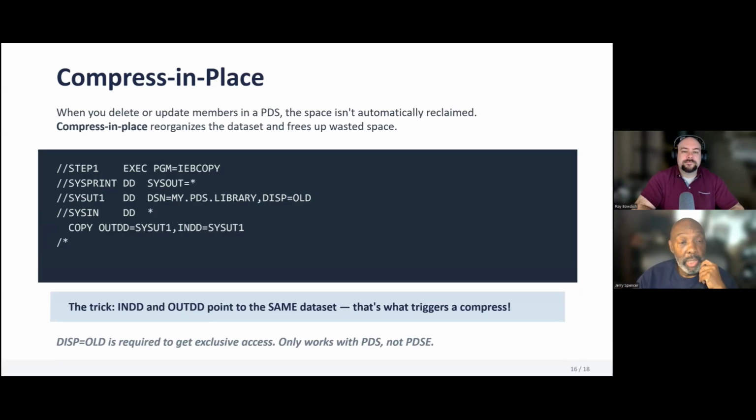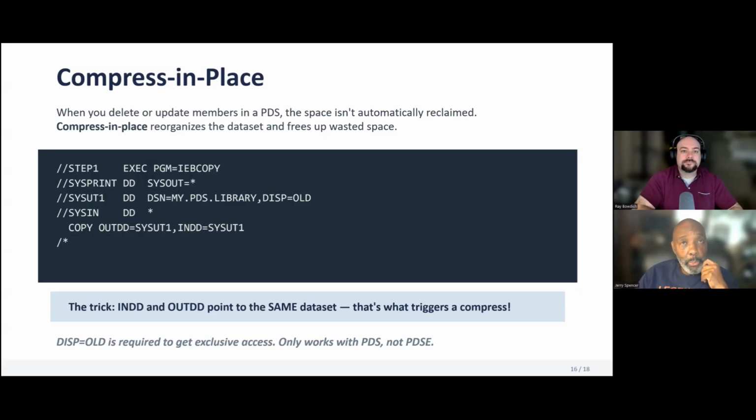And eventually, you can get to the point where you don't have enough room to put another member in there. And what you have to do at that point is compress it. Well, IEBCOPY takes care of that compression. And the trick is INDD and OUTDD point to the same data set name. And when it does that, it says, okay, we're good. And it'll do the compression.